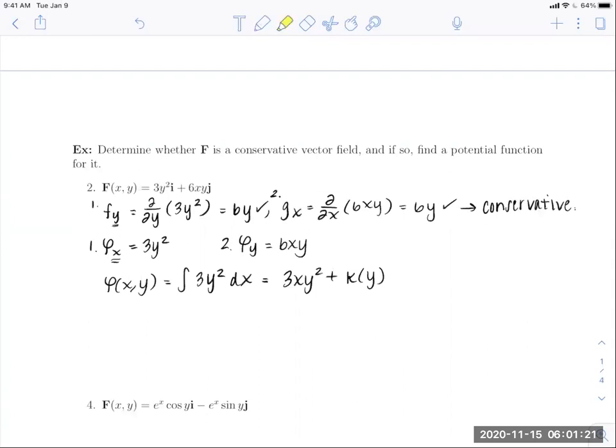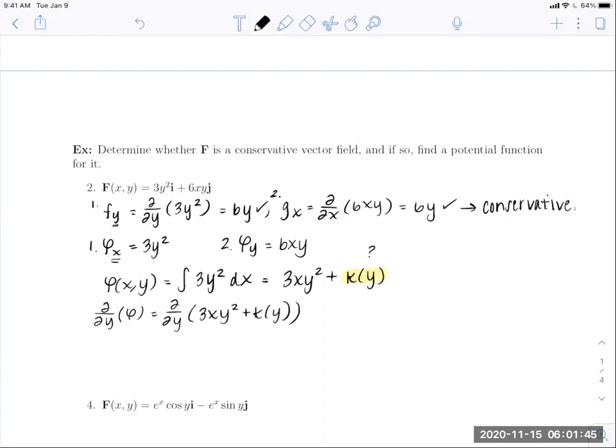All right, so the question remains, what is this constant k of y? So now I'm going to take the partial derivative with respect to y of this phi function. So I'll write that as 3xy squared plus k of y.